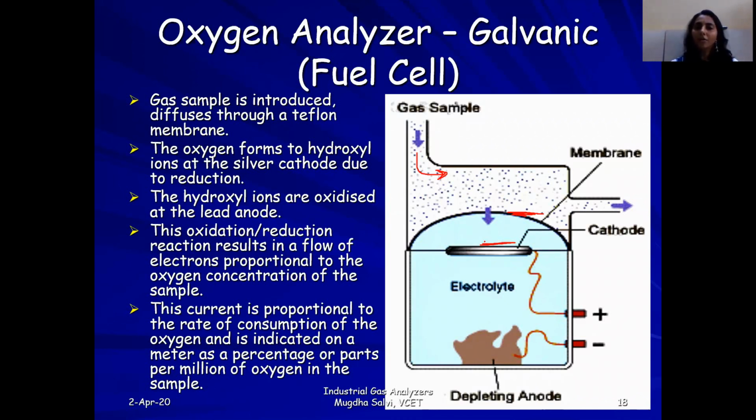This oxidation and reduction process helps in having a flow of current, and this flow of current eventually gives us the amount of oxygen in the sample in parts per million or in percentage. So this is the galvanic or fuel cell type oxygen analyzer.